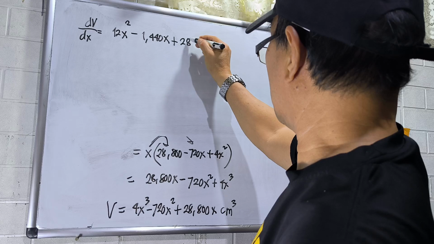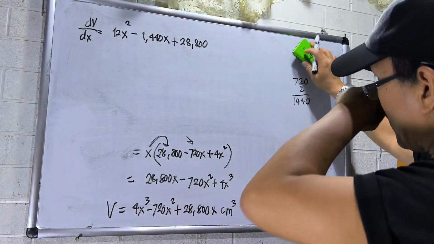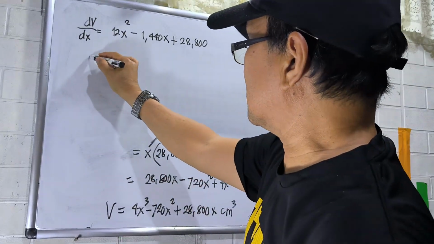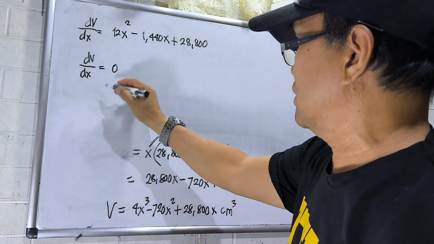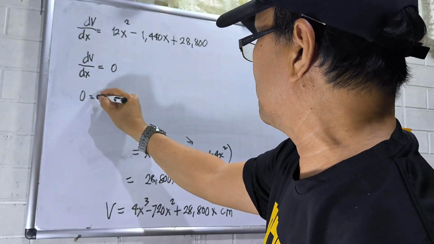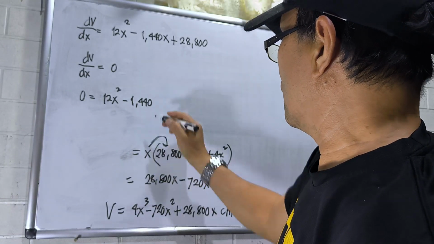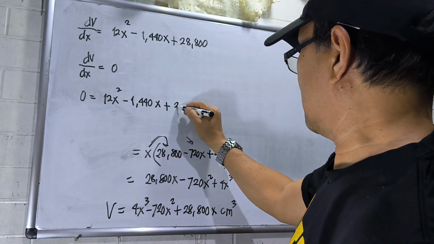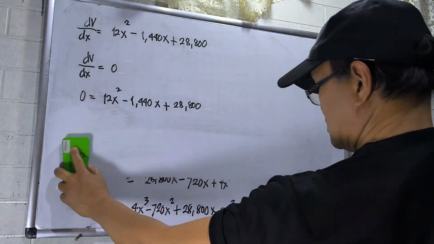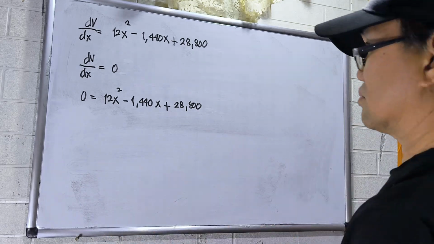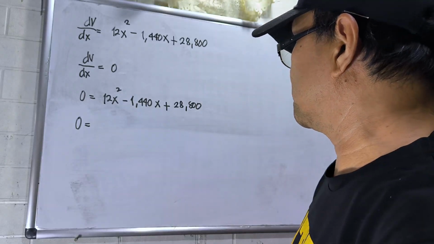Plus 28,800. When we differentiate with respect to x, we let dV over dx equal 0, so we can solve for the variable. So I have now 0 equals 12x squared minus 1,440x plus 28,800.